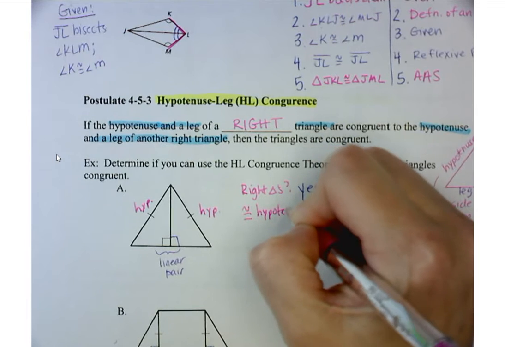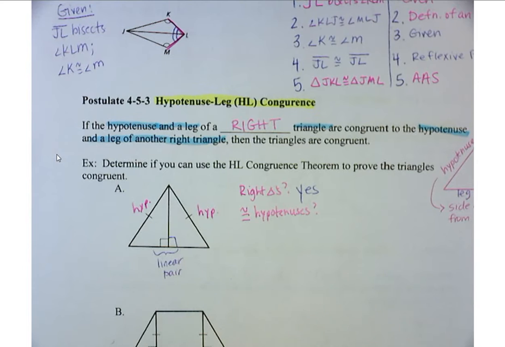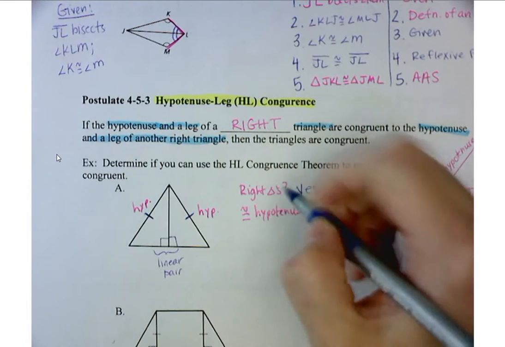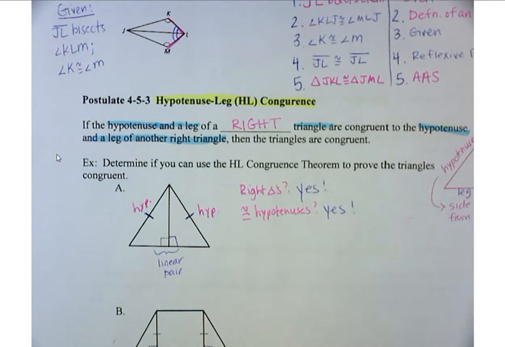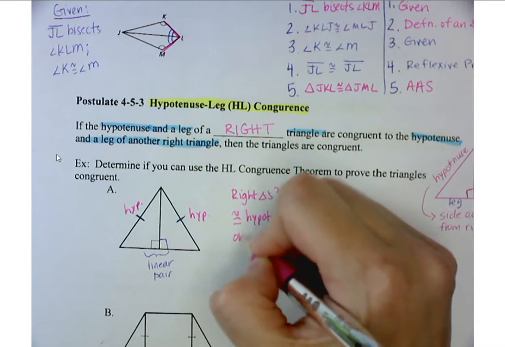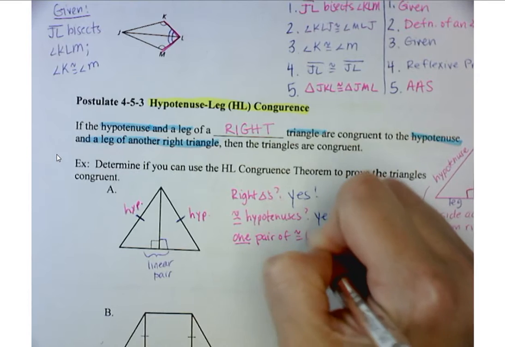So congruent hypotenuses. Are these two congruent to each other? Yes, you can see by the markings, right? Okay, so we have 2 out of 3 right now. The last thing that we have to show is that you only need one pair of congruent legs.